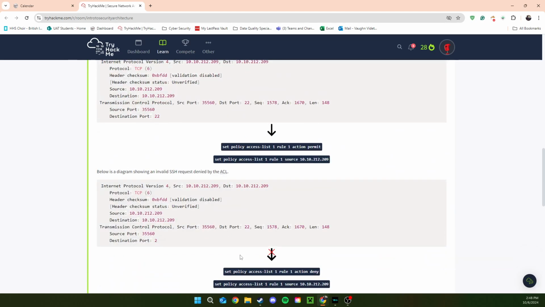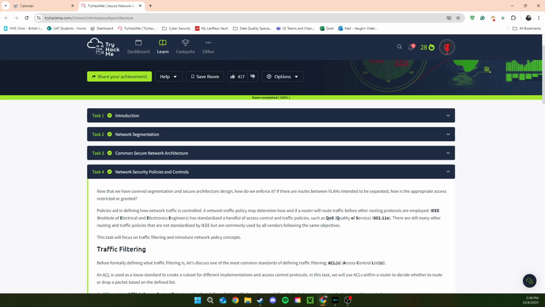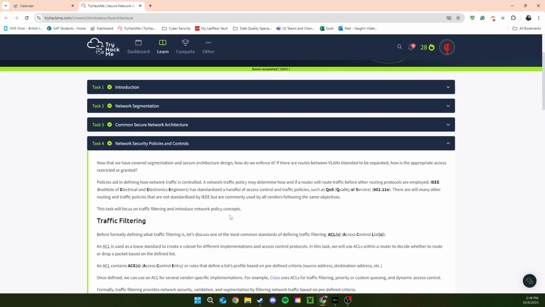Okay. So network security policies and controls. What are some of these? Well, the Institute of Electrical and Electronics Engineers, or the IEEE, has standardized a handful of access control and traffic policies, such as the quality of service.